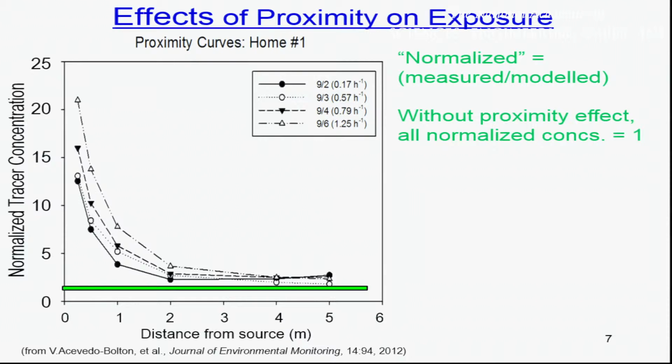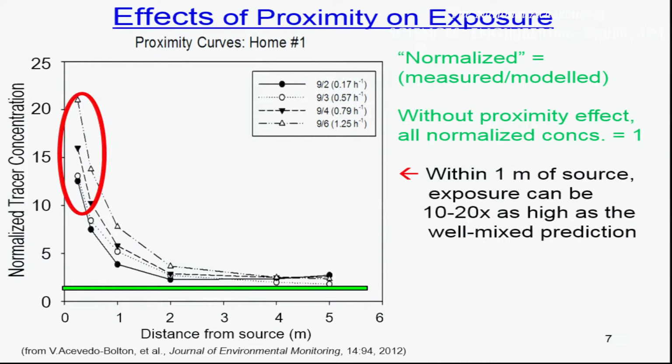So if the room really was close to well mixed, you'd expect all these measurements to be down very close to 1. But in fact, what you see is if you're within 1 meter of the source emissions, you can experience concentration levels that are 10 to 20 times as high as the well-mixed average.